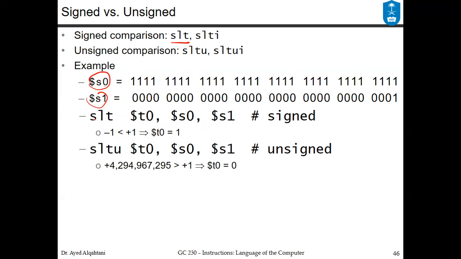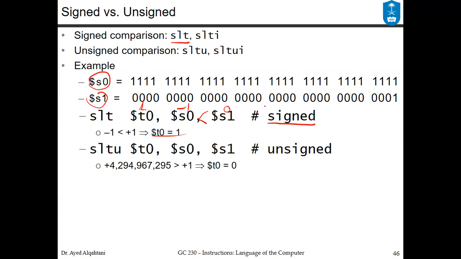If you choose to have set less than, and you compare between S0 and S1, you know that S0 is -1, and S1 is equal to 0. If they are signed numbers, -1 is less than 0, which means this value is going to be true. So T0 will equal 1.